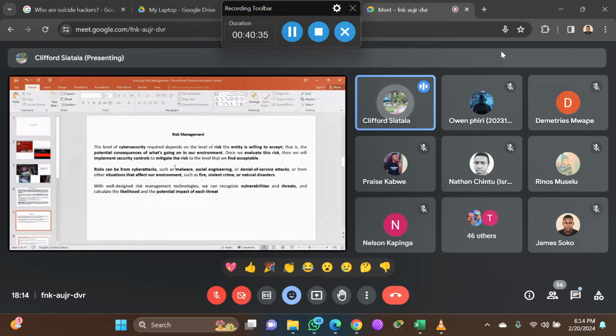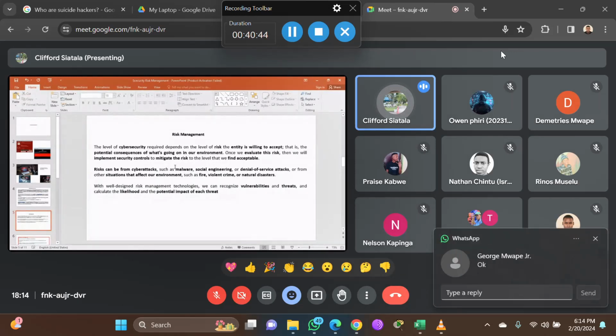So the level of cybersecurity depends on that, on the potential consequences of what is going on in the environment.